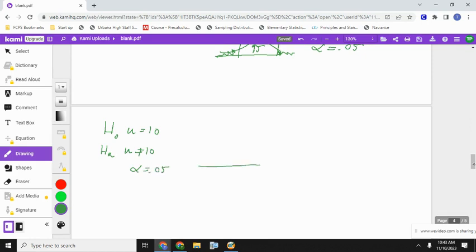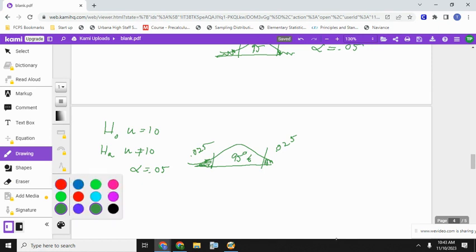So if you were to draw the curve and shade it and find the critical value, you would do this, you would do this, and that would be 0.25. That is the same as a 95% confidence interval. So instead of doing a hypothesis test here, I could construct a confidence interval instead of a hypothesis test.